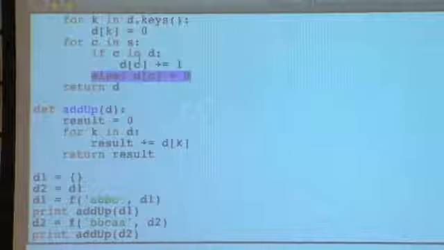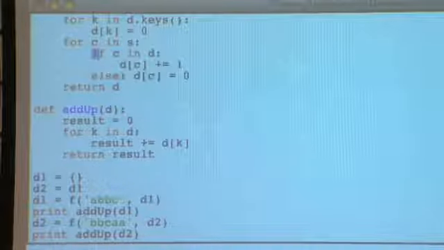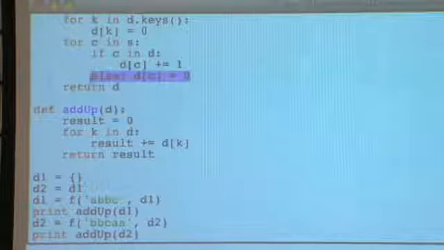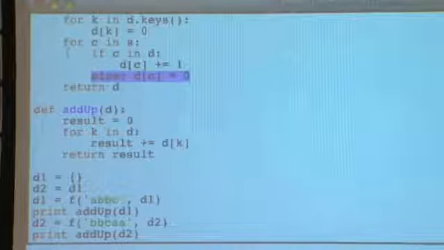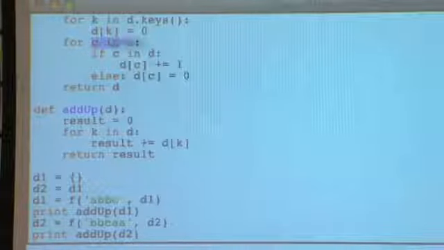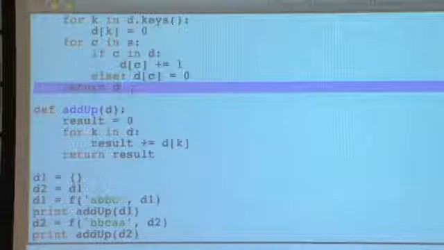Then we move on to the next character, B. B is not in the dictionary, so D of B becomes 0. Now we move on to the second B. B is now in the dictionary, so we increment B, right? So now D of B is 1. And then we move on to the final character, C, again not in the dictionary, so we set D of C to 0. And we return the dictionary.